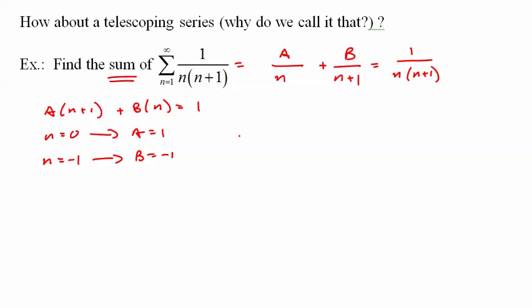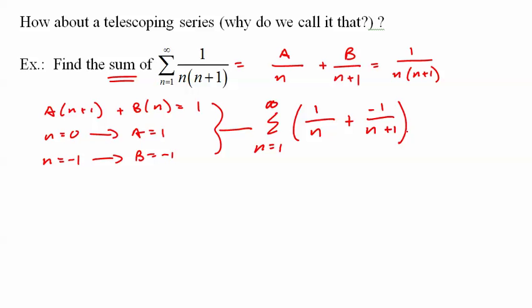So now I can ask the question again. What's the sum? One over n plus negative 1 over n plus 1. Let's do some partial sums and see where it takes us. Put in 1, we get 1 over 1 plus negative 1 over 2. Now let's add number 2: 1/2 plus negative 1/3.